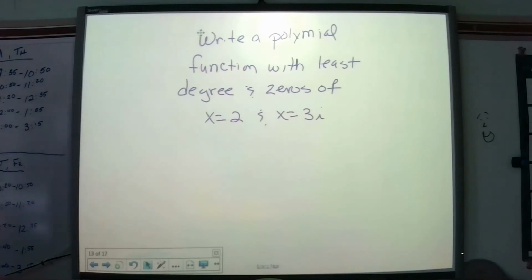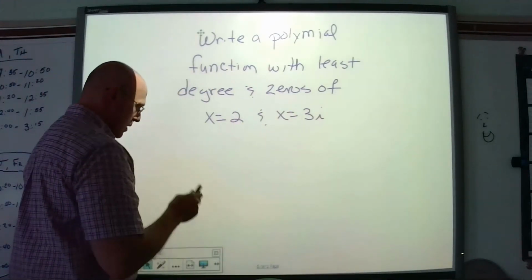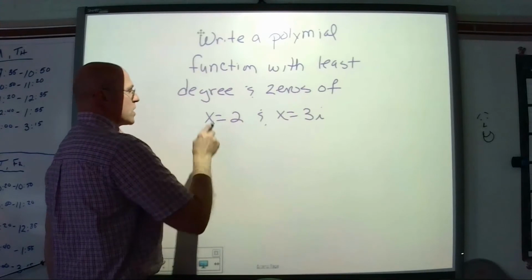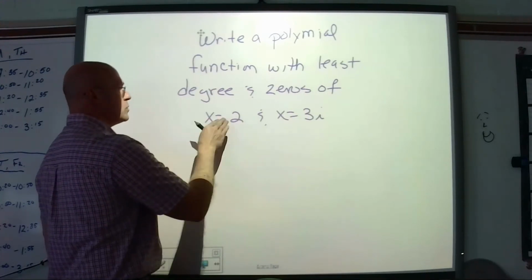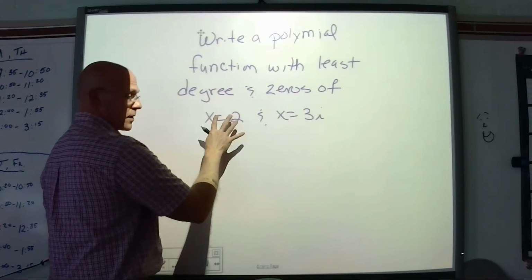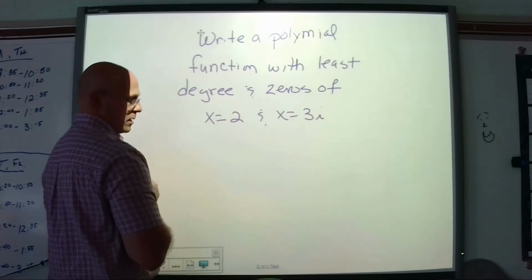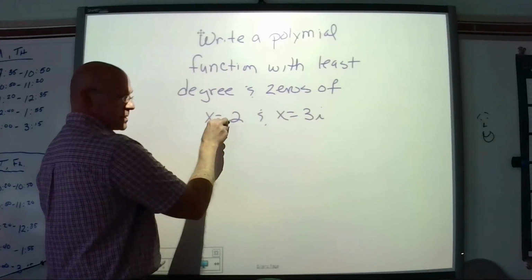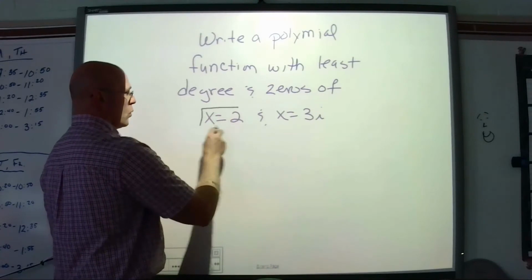So if I want it of least degree, now let's look at the things I've got here. Okay, so I've got x equals 2. x equals 2 is a real number. So this could happen a minimum of once.